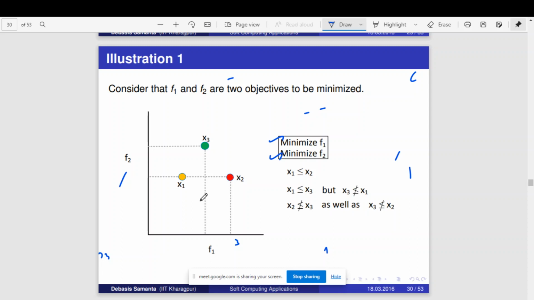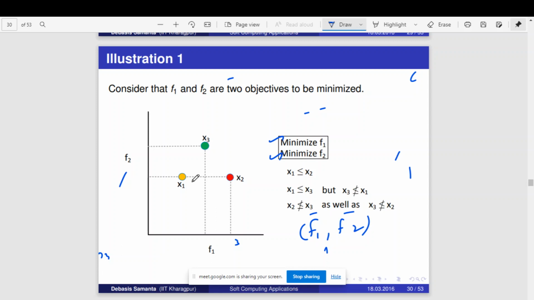No. See, if you give some values for these two functions, let the two function values be f1 and f2. The first will be f1, the second will be f2.